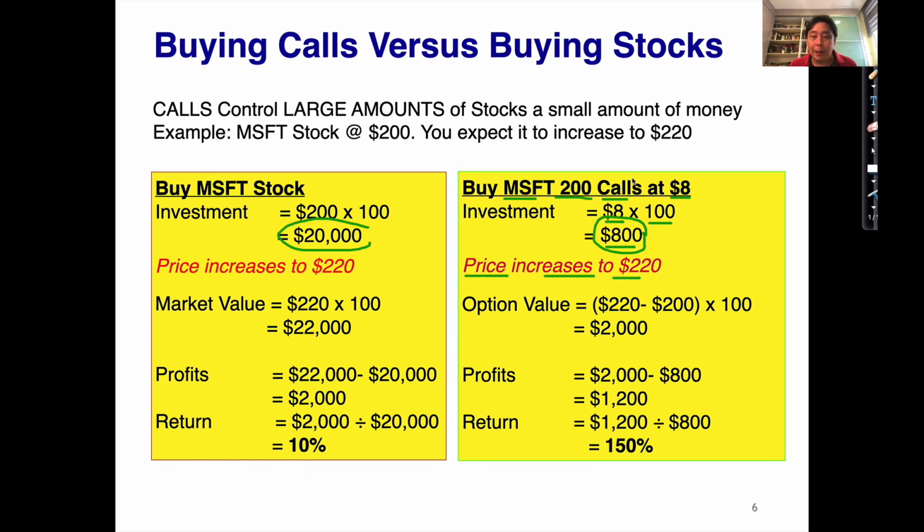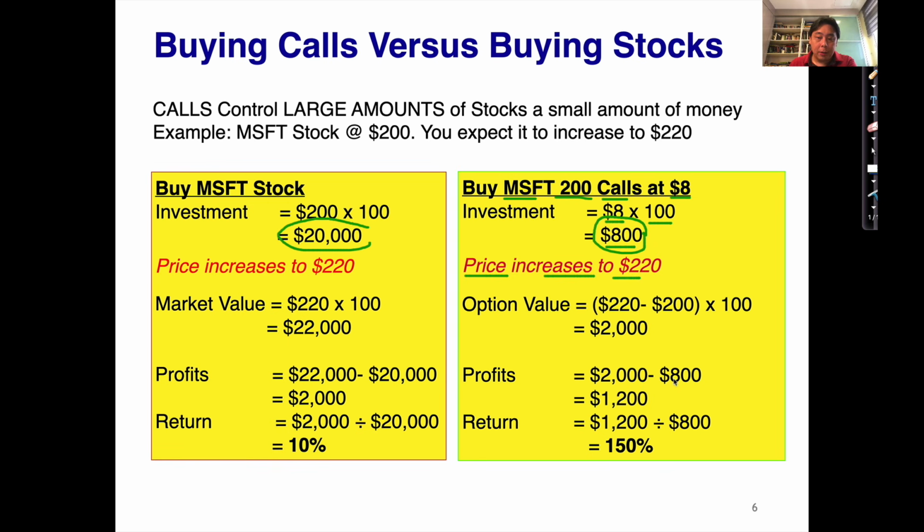Times 100, that'll be $2,000. So now your options are worth at least $2,000. We call that, once again, the intrinsic value of the options. Correct? And you bought the options for $800.